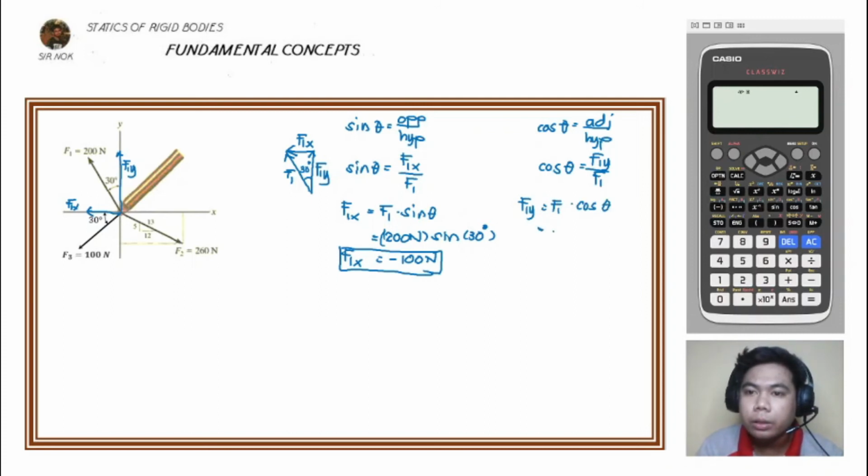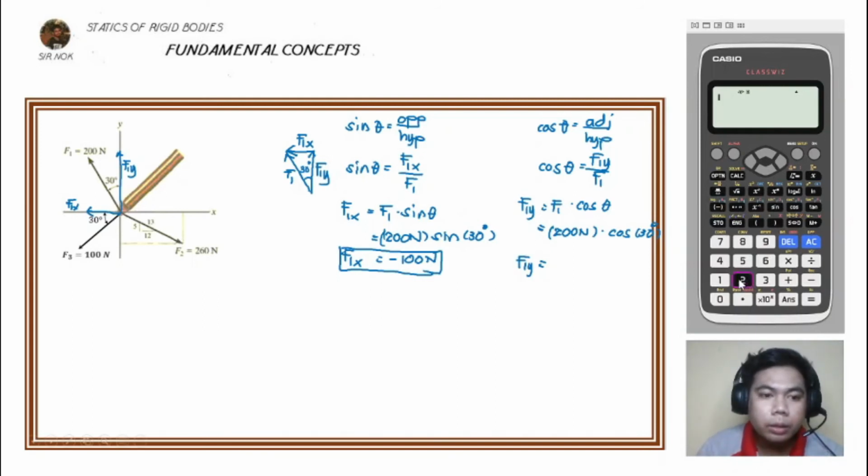So F1 is 200 newton times cosine 30 degrees, so 200 times cosine 30, so 173.205.